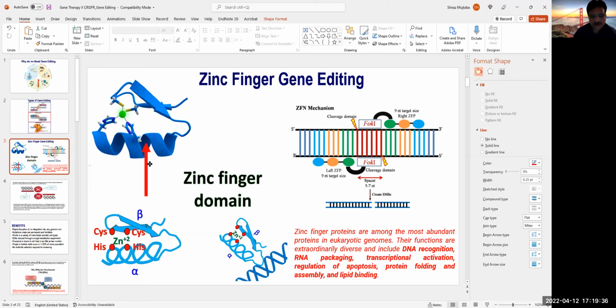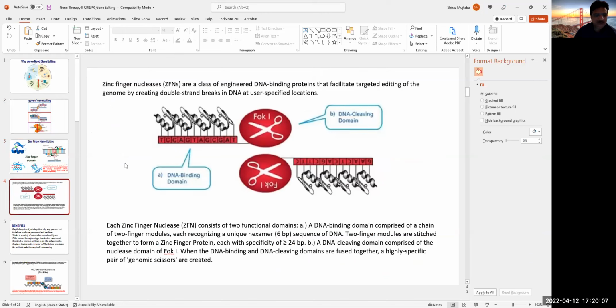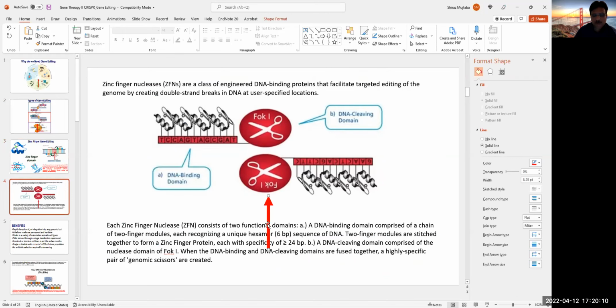And what scientists have done, this specific major groove binding protein has been fused to the nuclease FokI. FokI is a nuclease. So this alpha helix goes and inserts itself in the major groove of the DNA, and then this nuclease goes and makes a double strand break in the DNA. So essentially, this is a molecular scissor where it can cut DNA.